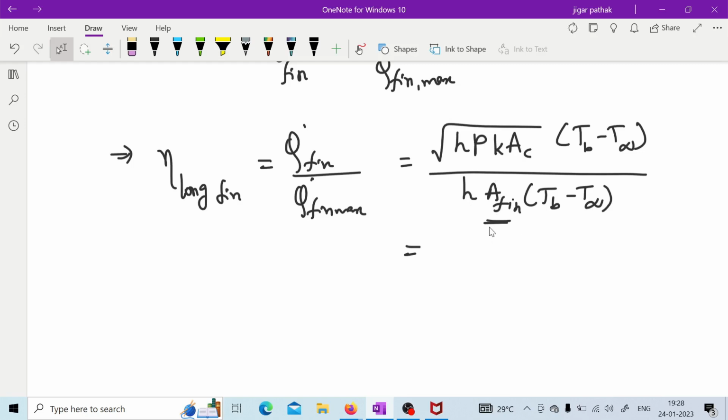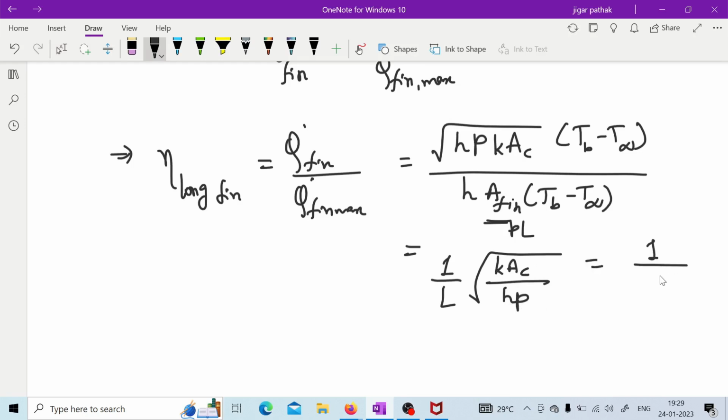A fin can be written as P into L. If you put A fin as P into L and simplify, you get 1 upon L times the square root of k A_c upon h P. This is nothing but a, which we defined earlier: a squared is h P by k A_c, so a is the square root of h P by k A_c. So the efficiency of a long fin is given by 1 upon aL.